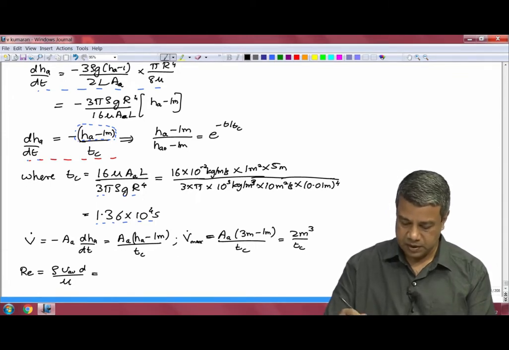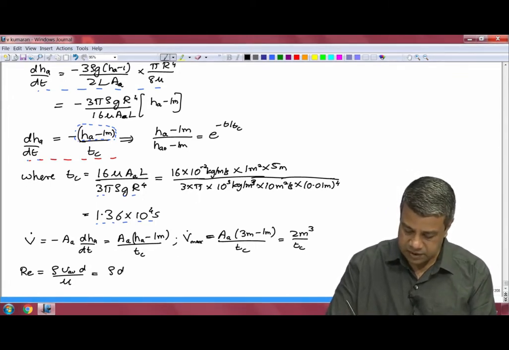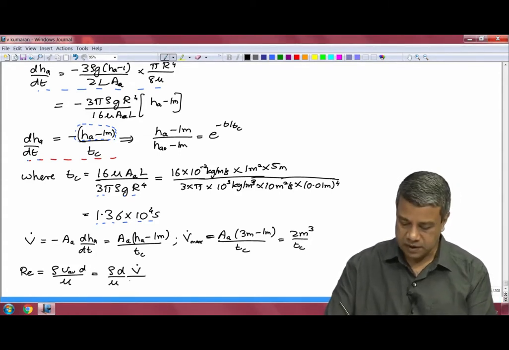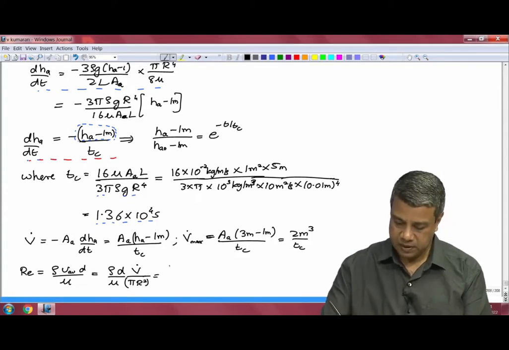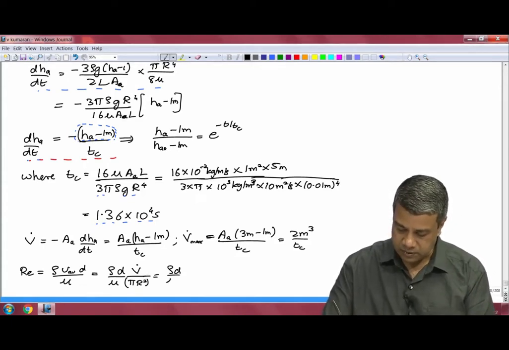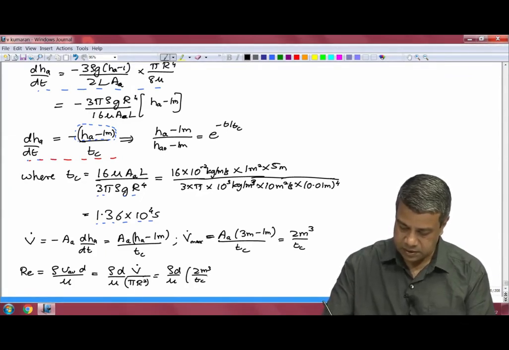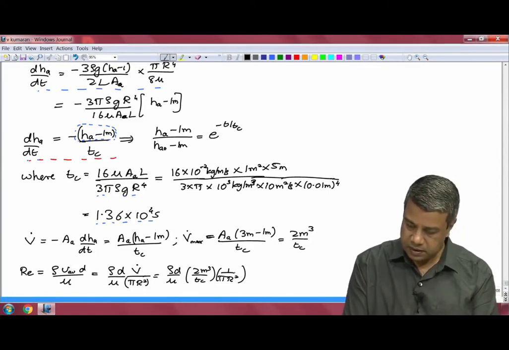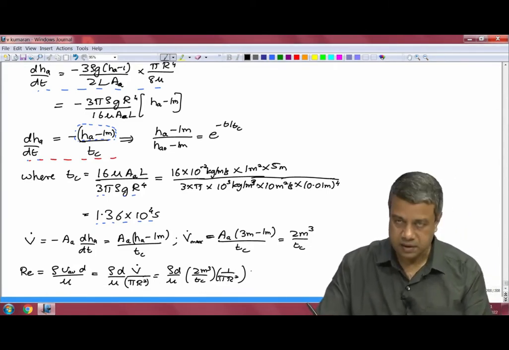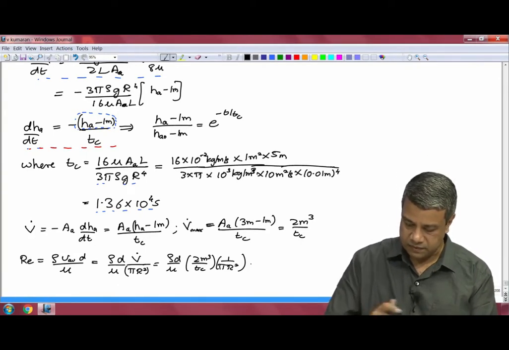And I can write the average velocity as the volumetric flow rate by the cross sectional area, which is equal to rho d by mu into 2 meter cubed by Tc into 1 by pi r square. And you can insert the numerical values for each of these.